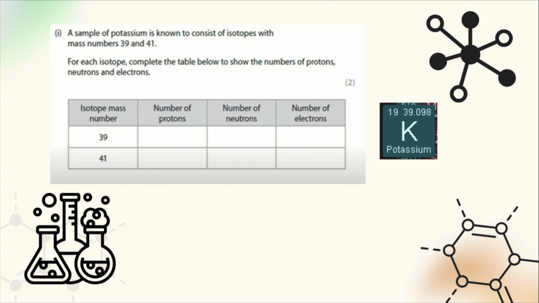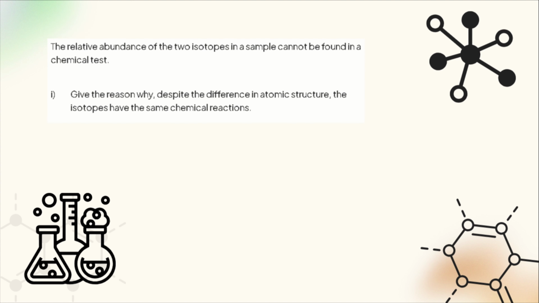Number of protons is 19. To calculate the number of neutrons, we subtract 19 from 39 and 41. Number of electrons is the same as number of protons. So 39 minus 19 gives us 20, and 41 minus 19 is 22. And again, electrons remain the same.